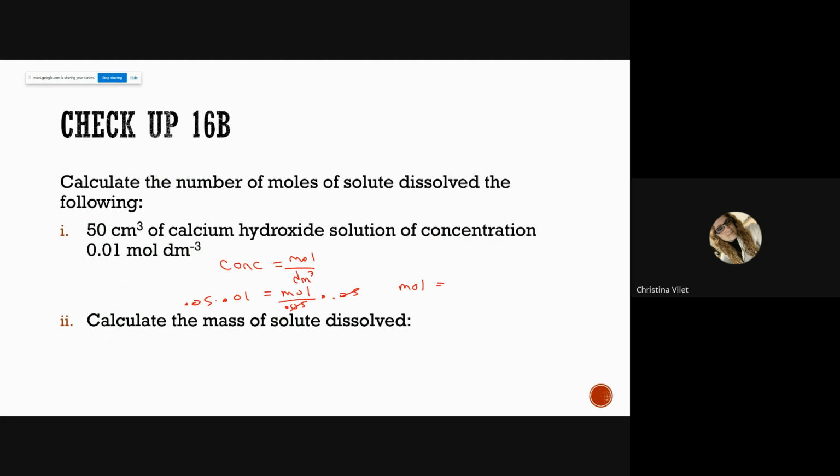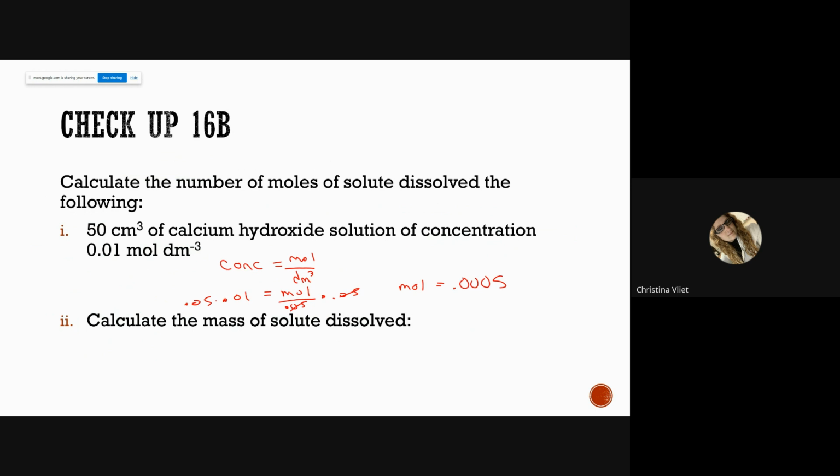What do you get? 0.0005. I get 3 zeros. Check to make sure. Are we okay with that? Manipulating the formula.